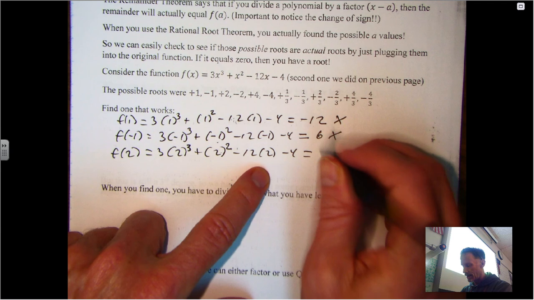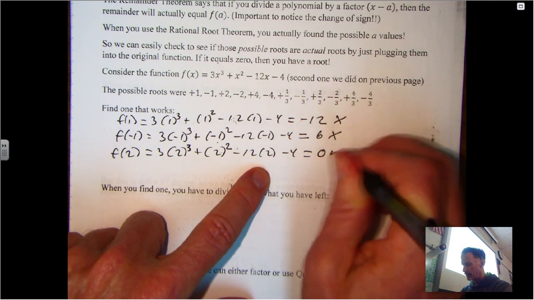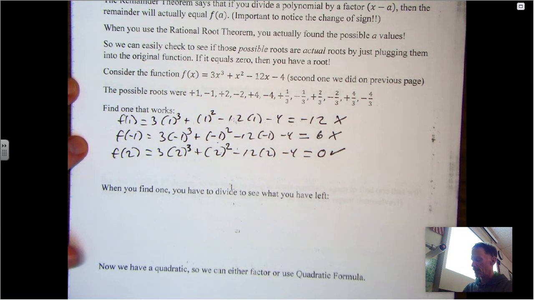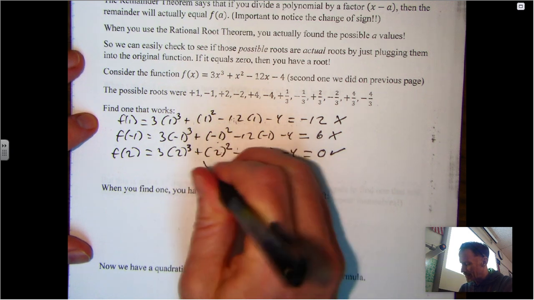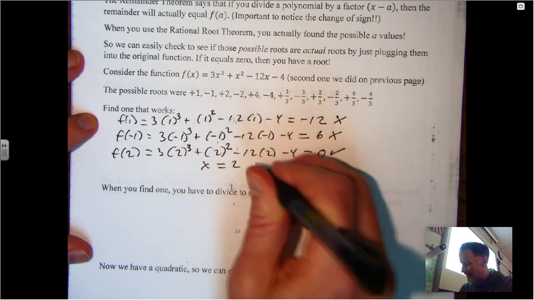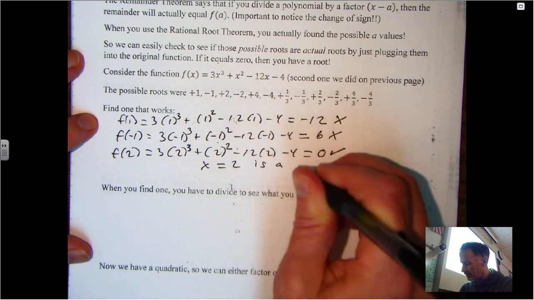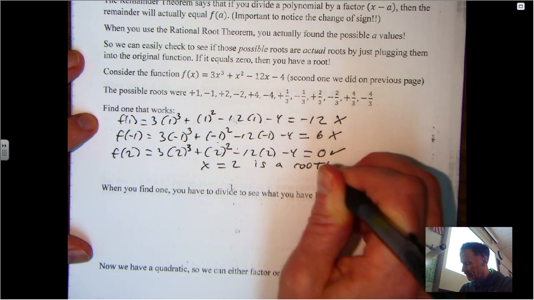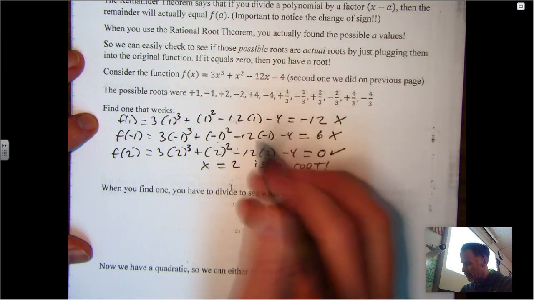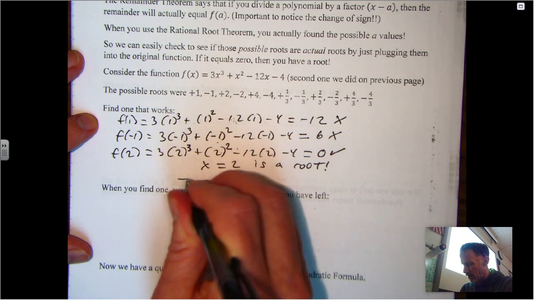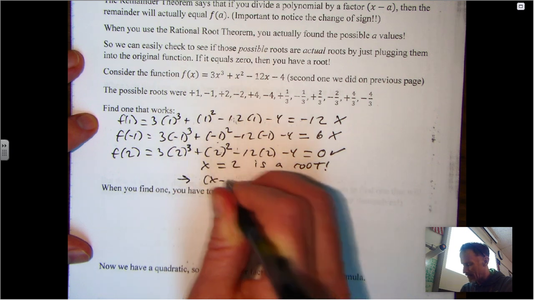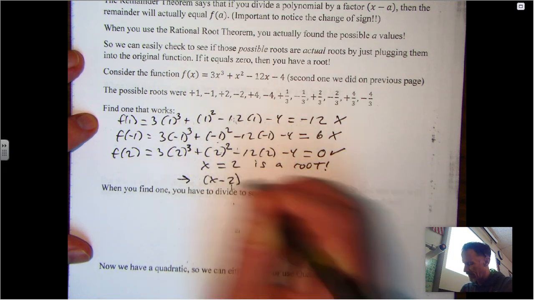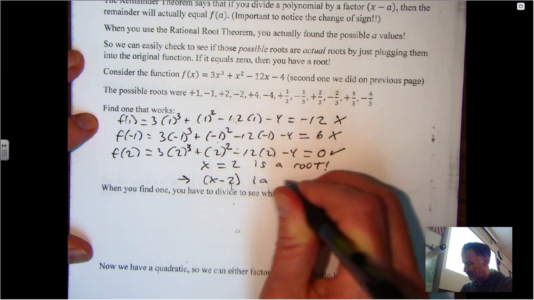So that does come out to be 0, and that is what we want, right? So what that means is x equals 2 is a root. And that also means, with the remainder theorem, that x minus 2, notice the sign change, is a factor.